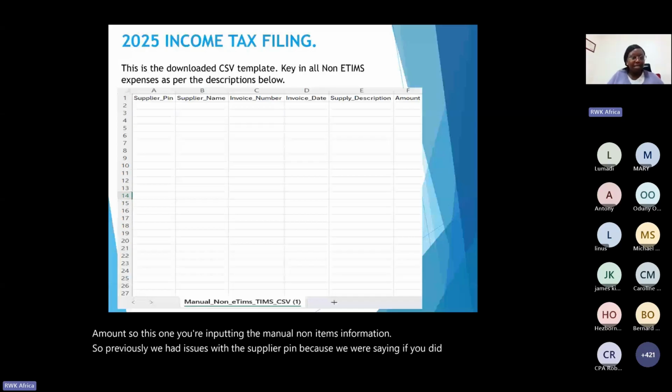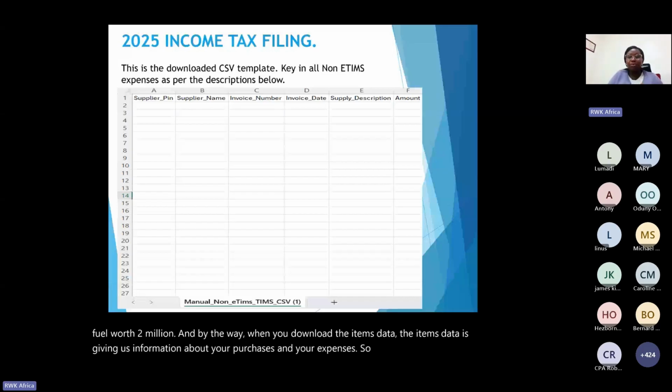For instance, you have fuel worth 5 million the whole year. And by the way, when you download the items data, the items data is giving us information about your purchases and your expenses. So when you're auditing that items data, you remove purchases.